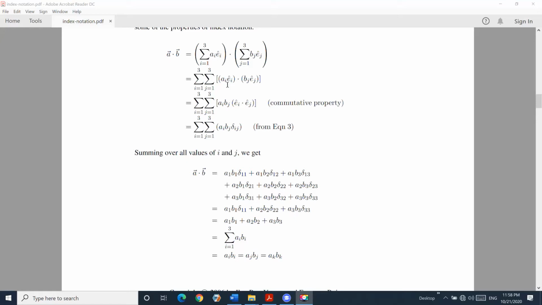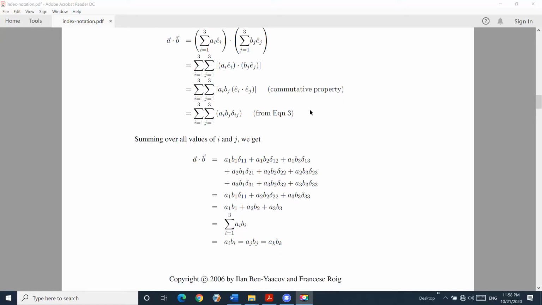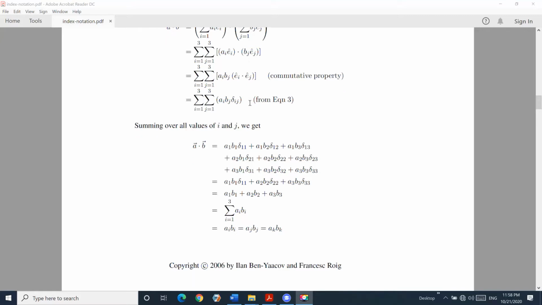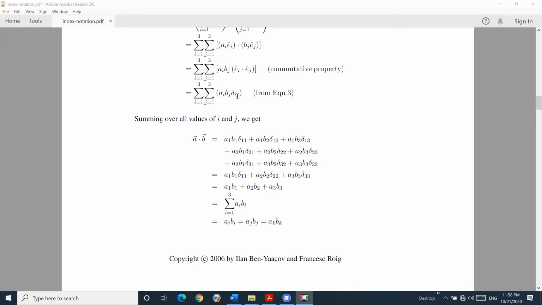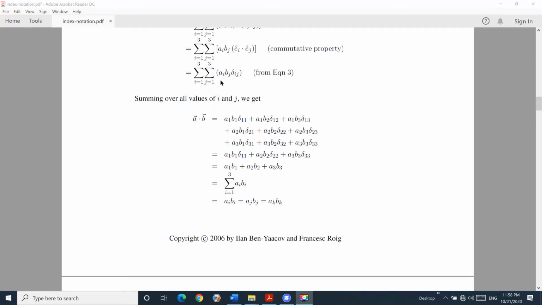Using the commutative property, we can bring together ai and bj, and the dot product between the bases, ei dot ej. The dot product of ei and ej is the Kronecker delta, which gives this result from equation 3.